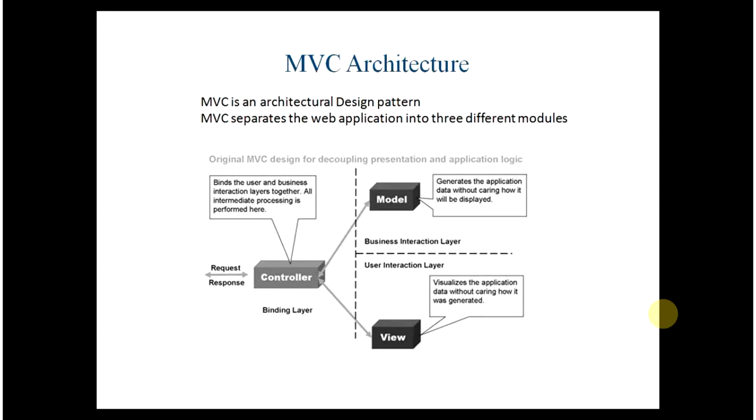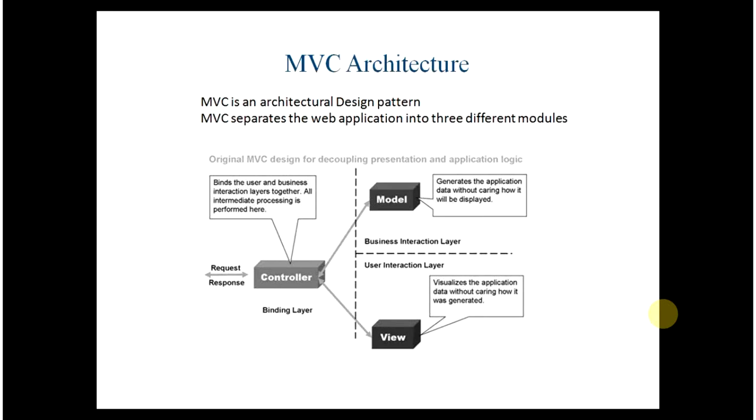The controller is responsible for converting the input given by the view. Suppose the user gives an input. The model doesn't understand that input, so the controller will convert it into a language understandable by the model. It will take that input, hit the database, get the data, and return it to the controller.